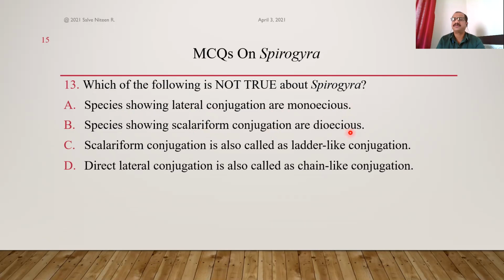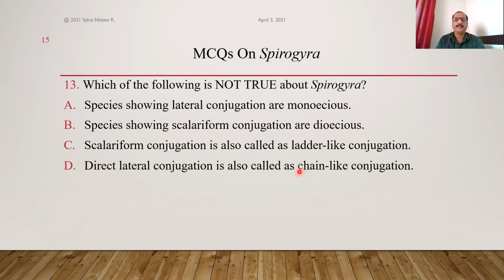Species showing scalariform conjugation are dioecious. Yes, two different filaments are involved here in scalariform conjugation, so the male and female filaments are separate. So this is also true. Not true is asked. Scalariform conjugation is called ladder-like conjugation or H-shaped conjugation. That is also right. Direct lateral conjugation is also called chain-like conjugation.